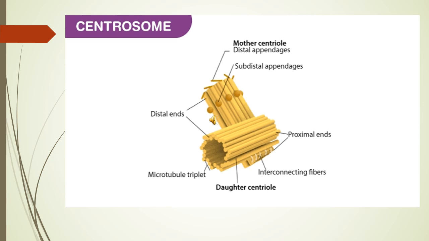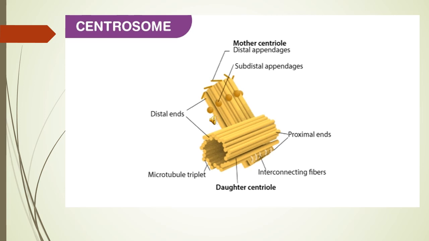Centrosome. The centrosome is located in the cytoplasm, usually close to the nucleus. It consists of two centrioles. The centrosome contains more than 100 different proteins, so they are very important.